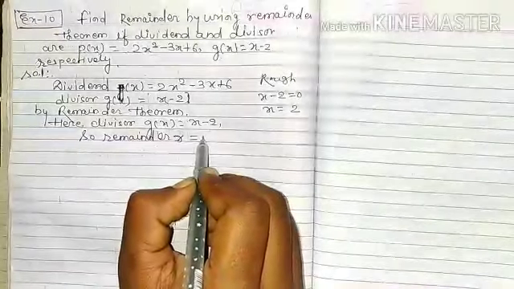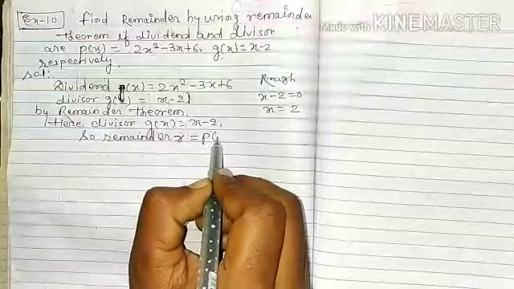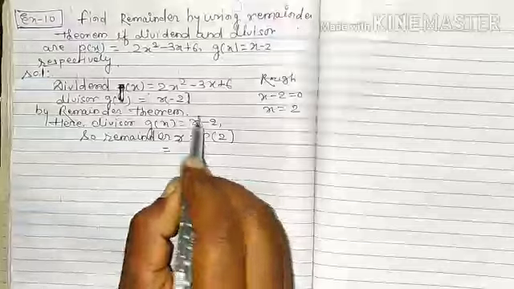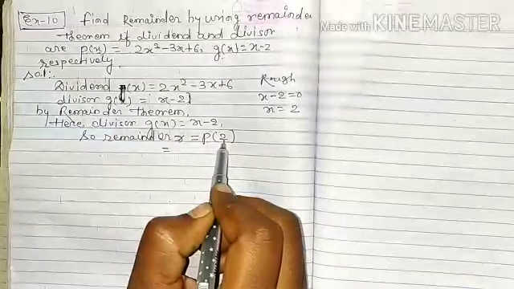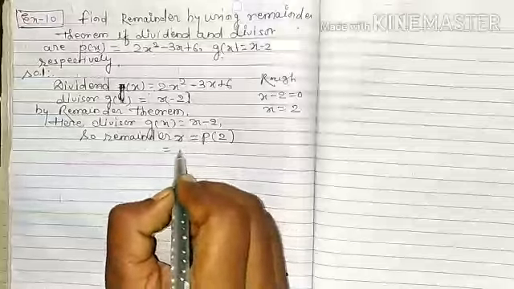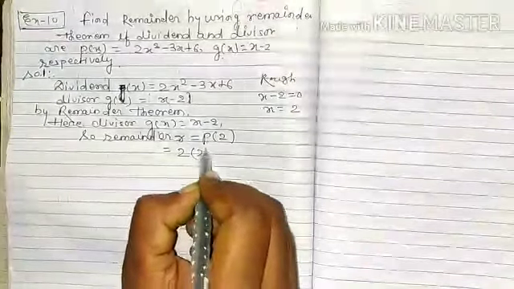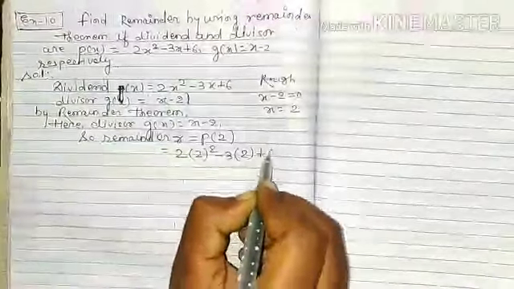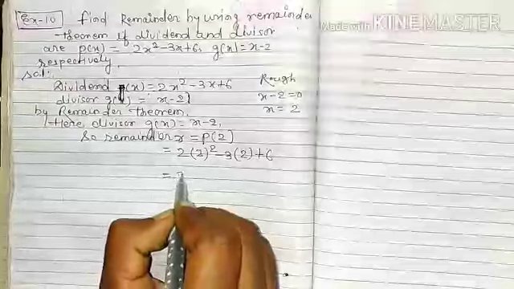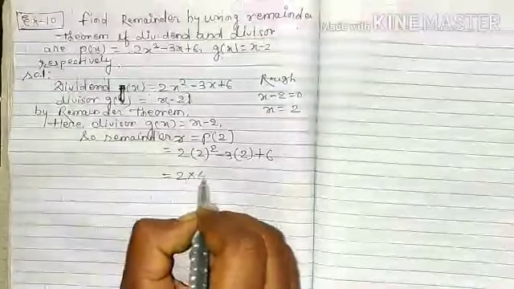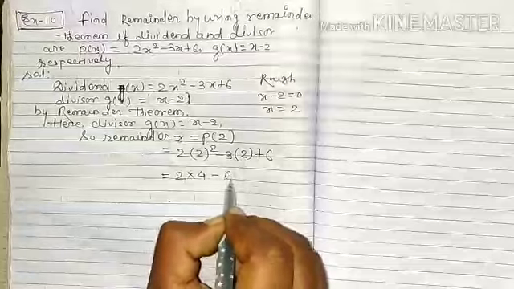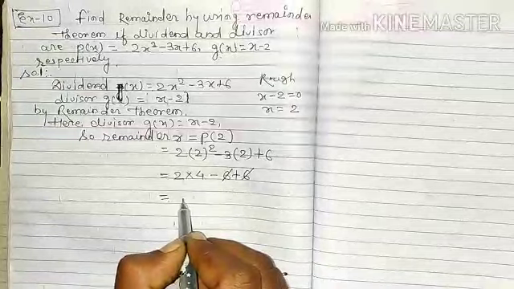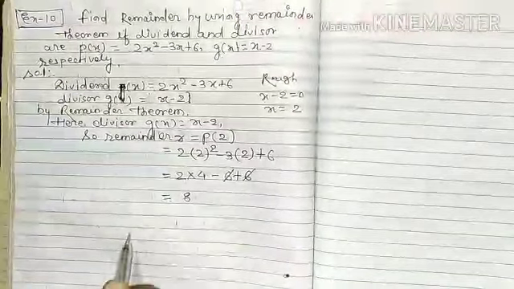So the remainder r equal to p(2). We put the value of x equal to 2 in p(x): 2 into 2 square minus 3 into 2 plus 6, equal to 2 square is 4, 4 into 2 is 8, minus 6 plus 6 cancel, so 0.